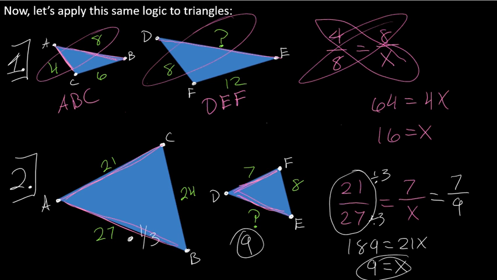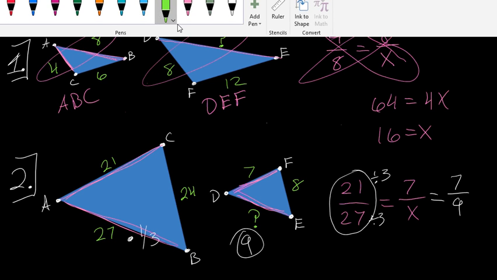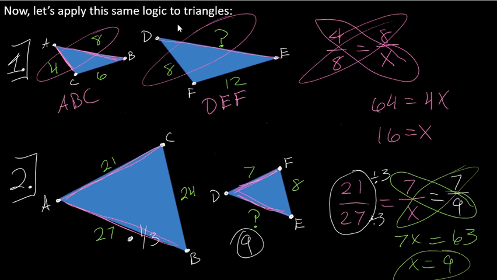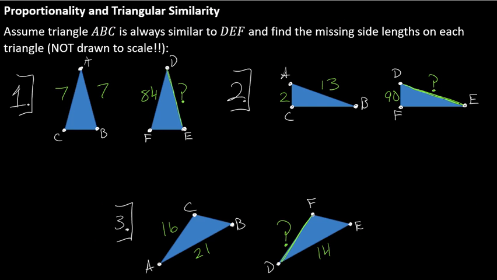And then if we cross multiply that way, we'll get the exact same answer. 7 times x, 7x, 7 times 9, 63. Divide by 7 on both sides. X is equal to, you guessed it, same thing, 9. Okay? So, in a nutshell, that's how we're going to apply proportionality to similar triangles.